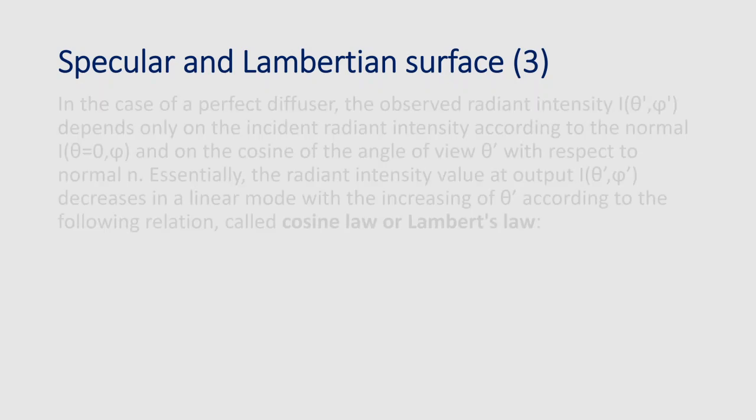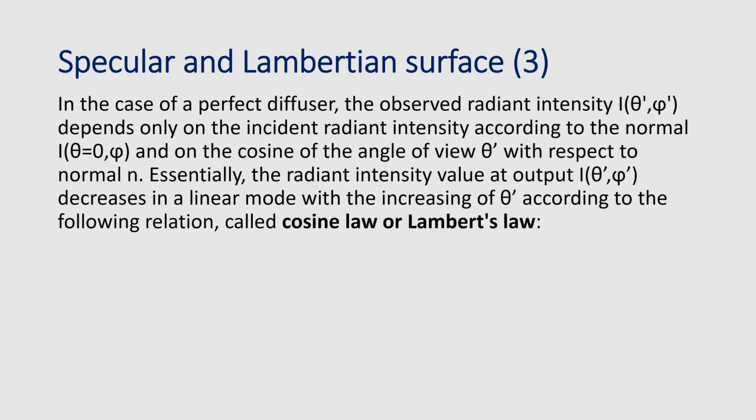So let's go on. In the case of a perfect diffuser, that is a Lambertian, the observed radiant intensity I depends only on the incident radiant intensity according to the normal and on the cosine of the angle of view theta 1 with respect to the normal n.